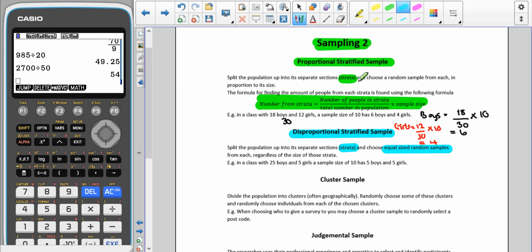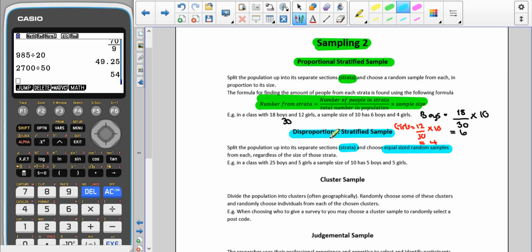Strata can be anything that is a defining characteristic of a person. So that means that it could be their hair colour, eye colour, it could be their gender, as it is here in these 2 examples, but it could be something like their religious beliefs or their ethnicity, anything like that that you think is going to make a difference when you are taking your sample.